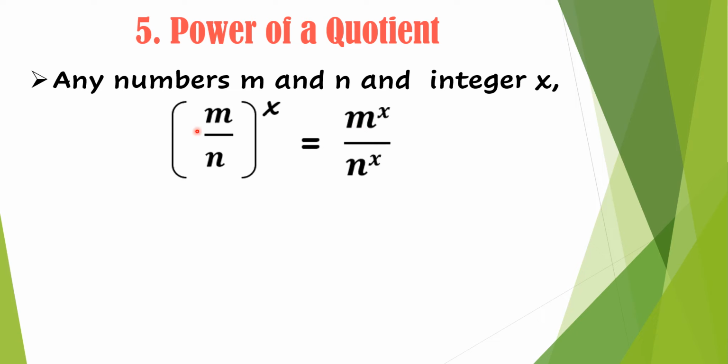Okay, so mapapansin niyo dito, parang i-distribute nyo ulit yung exponent na nasa labas, i-multiply nyo doon sa exponent nila na nasa loob. So, dito, since wala kayong makitang exponent, ibig sabihin ang exponent nila is 1. Kaya m raised to 1. Kaya, kopyahin yung base na m, then 1 times x is 1x, or just write x. Then n, 1 times x is x.